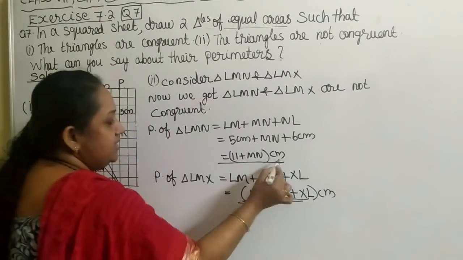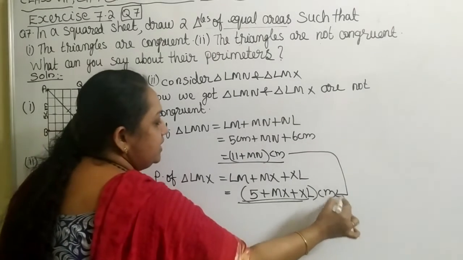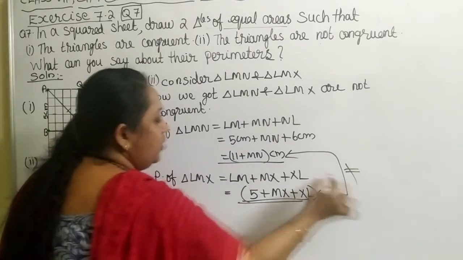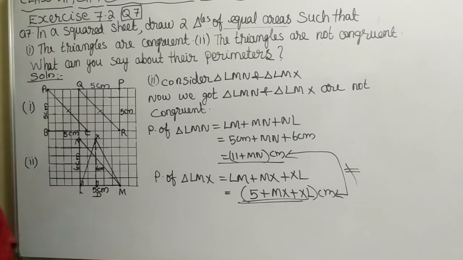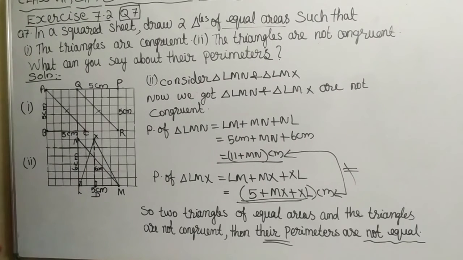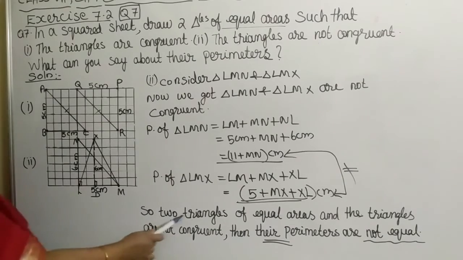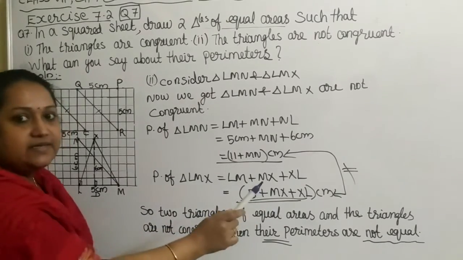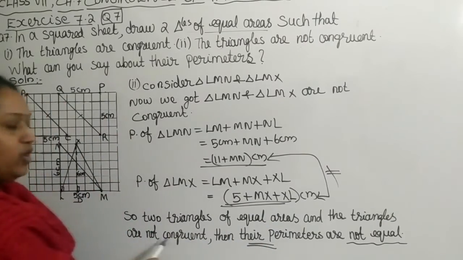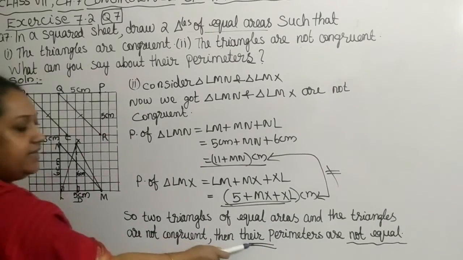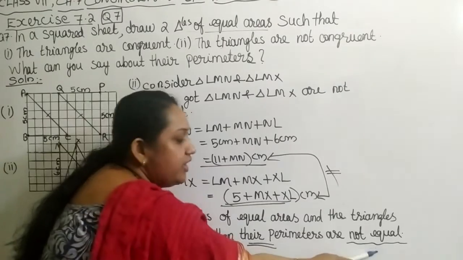So you can see that these two perimeters are not equal. So we can say that if the triangles are not congruent, but they have equal areas, then their perimeters are not equal. So we can conclude that for two triangles of equal areas that are not congruent, their perimeters are not equal.